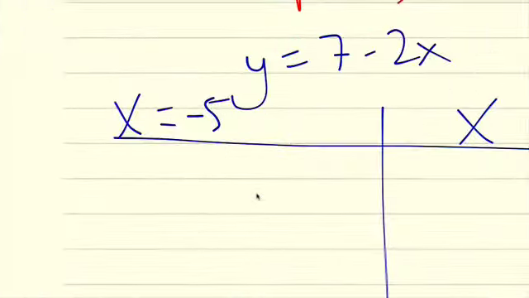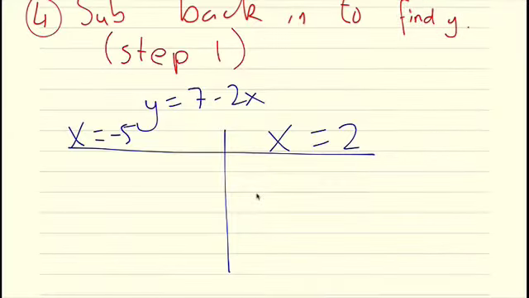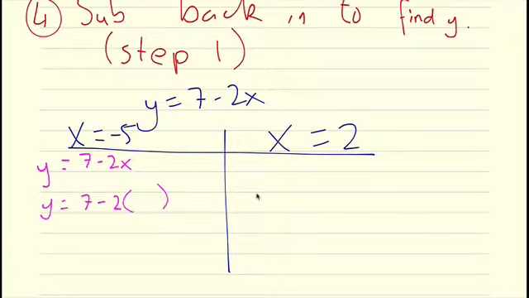So the first time here, we write out the equation. So y is equal to 7 minus 2x. We kick out x and we'll stick in what here, Reese? We'll kick out this x and we'll stick in minus 5.